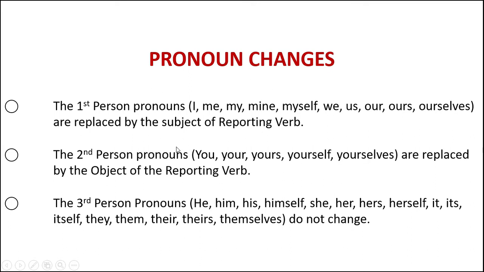The second person pronouns you, your, yours, yourself, yourselves are replaced by the object of the reporting verb. And the third person pronouns, of course there is a big list: he, him, his, himself, she, her, hers, herself, it, its, itself, they, them, their, theirs, themselves, do not change.